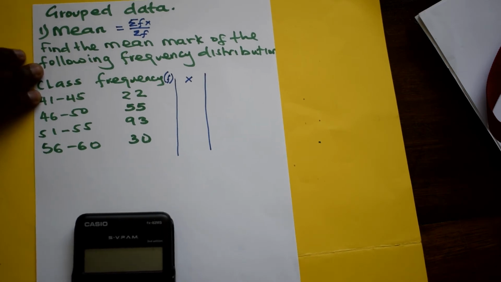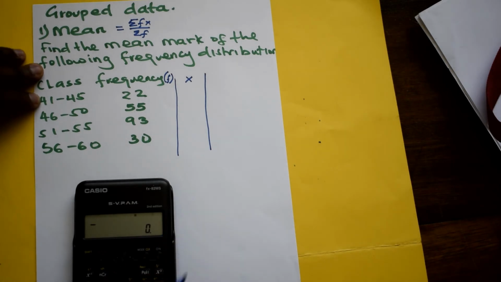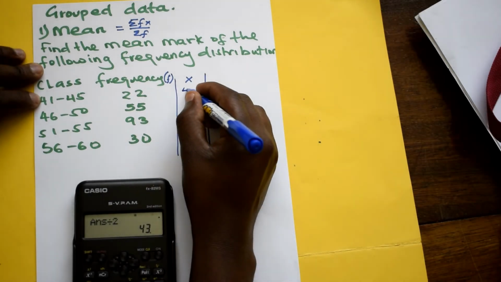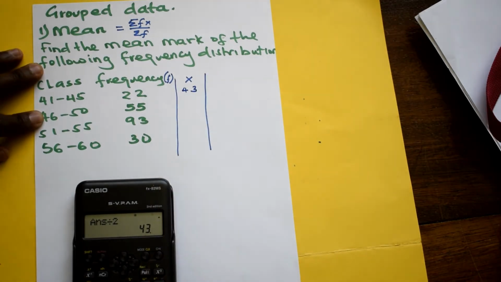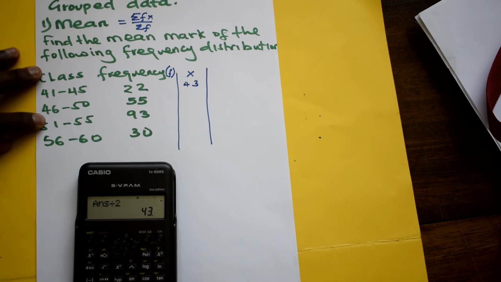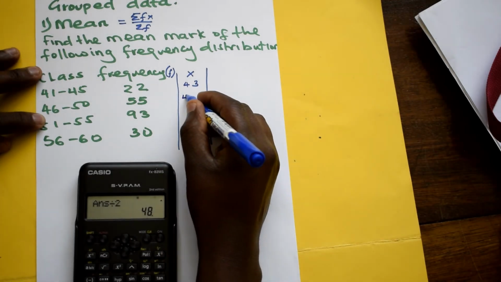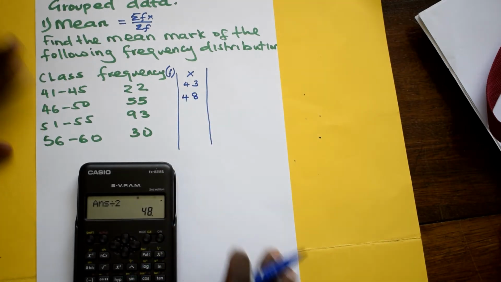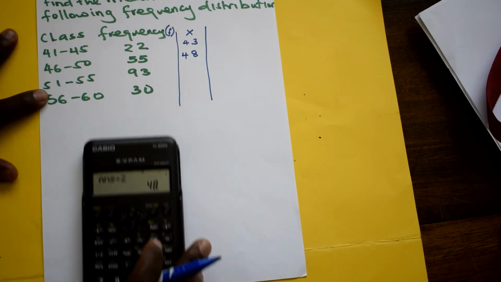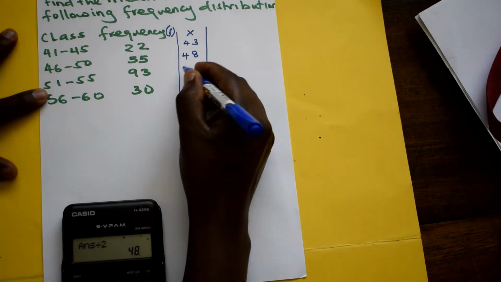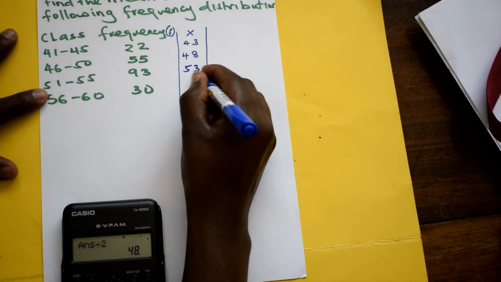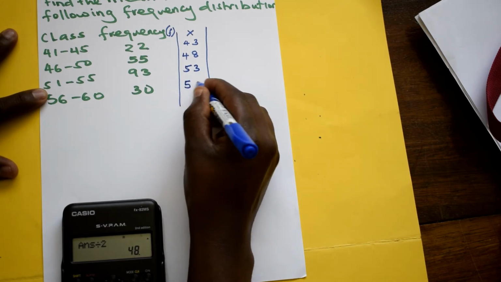The mid mark will be given by 41 plus 45 divided by 2, which gives us 43, and then 46 to 50 will give us 48, 51 and 55 will give us 53, and this will give us 58.